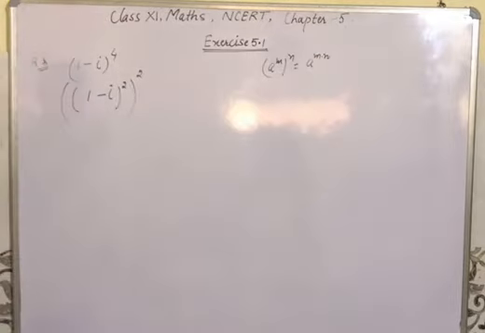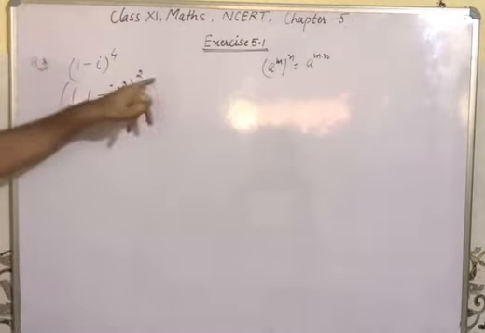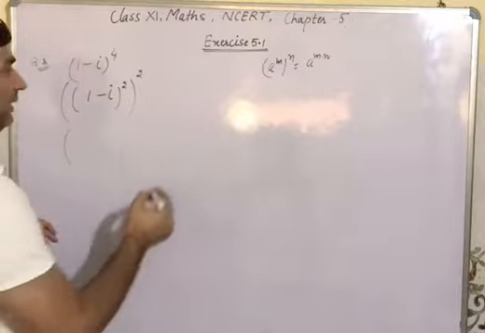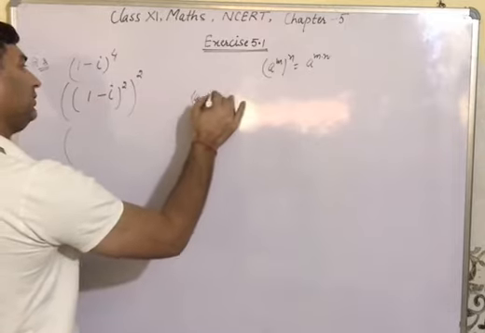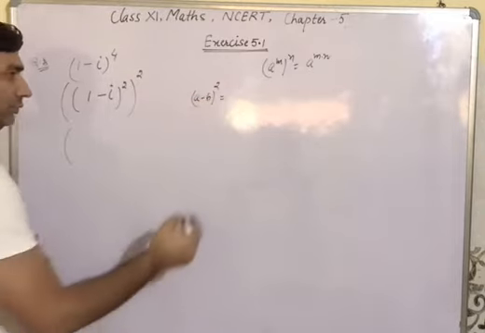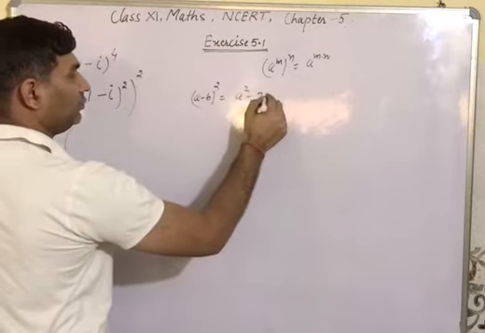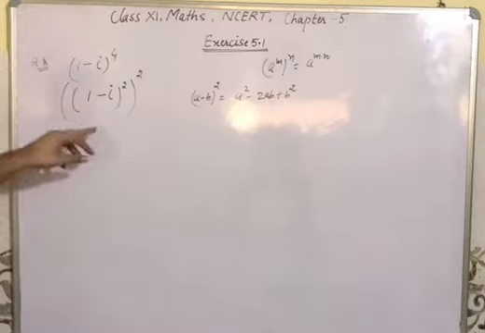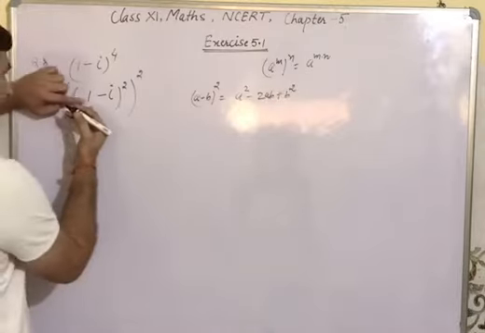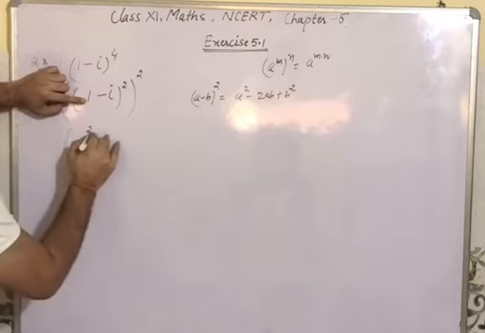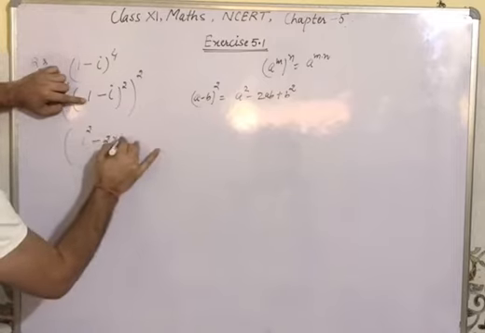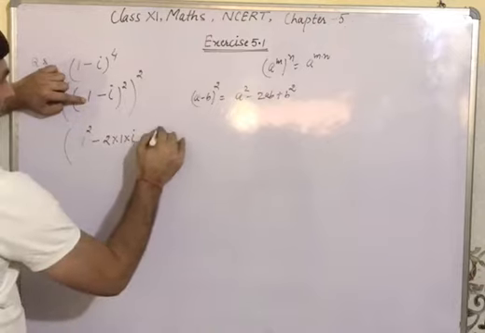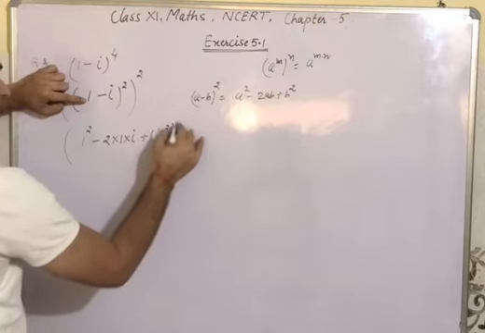We know this, and using 2 times 2 is 4, we can write the whole square of a minus b: (a - b)² = a² - 2ab + b². Then write in this form: 1² minus 2 into 1 into i plus i², and then its square.